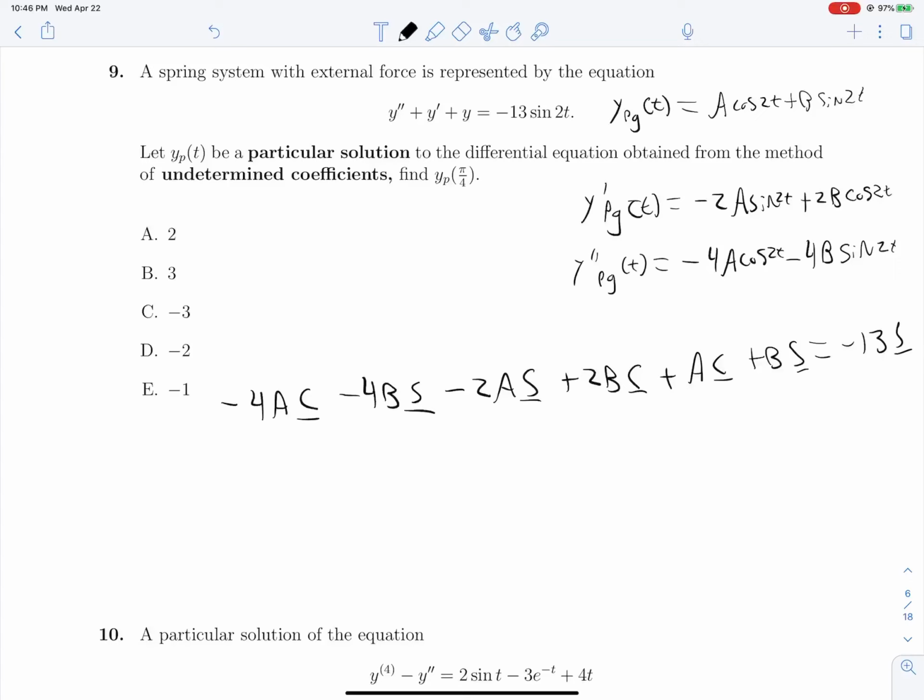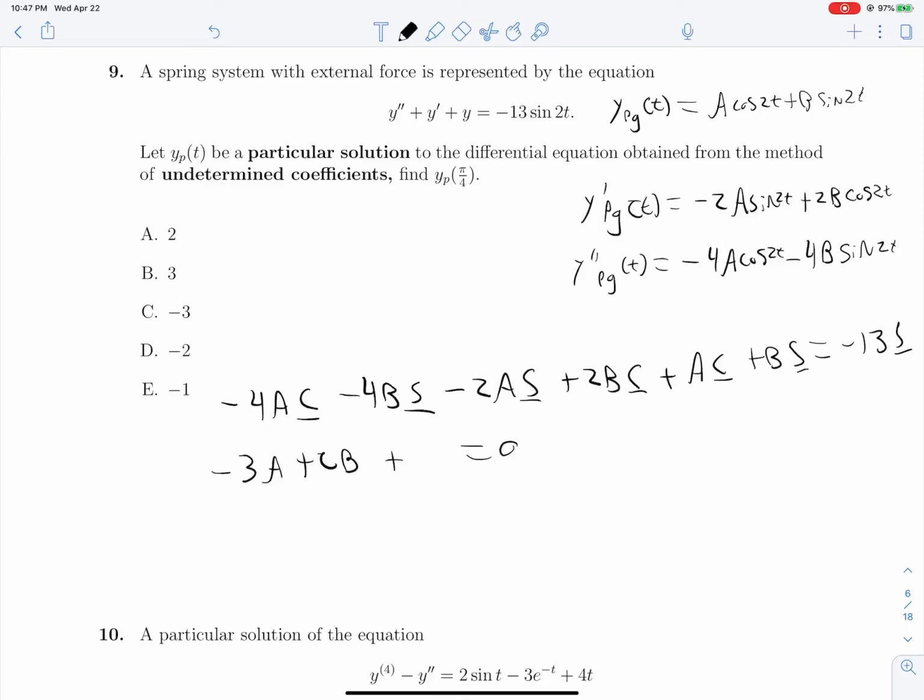Great, let's make a matrix. We got to make some equations first. Pulling out all of our cosines, we see that negative 4a plus 2b plus a is equal to 0. So overall, negative 3a plus 2b is equal to 0.